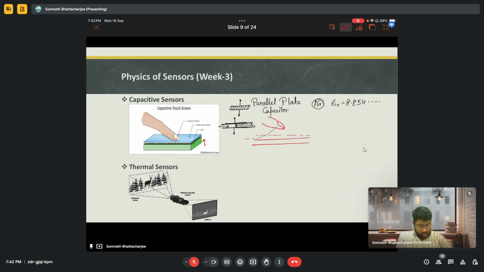The field will change from here to here if it's touched. Let's say it's touched right now. The field will change, and based on this, capacitance will rise or decrease. By this increase and decrease of capacitance, we will be able to detect the touch, and the pressure, how much pressure we have given.